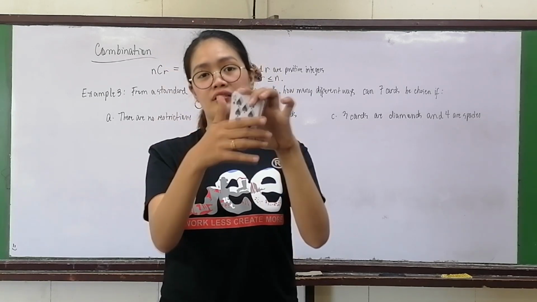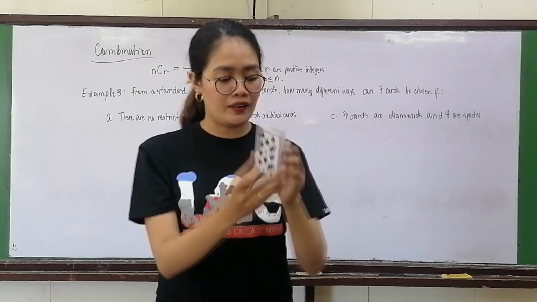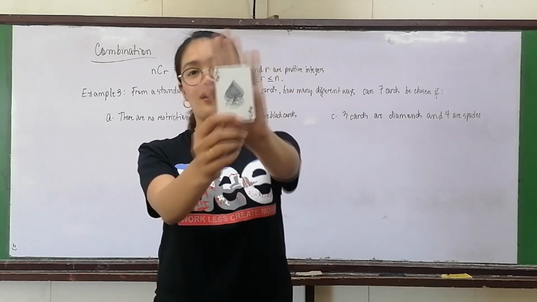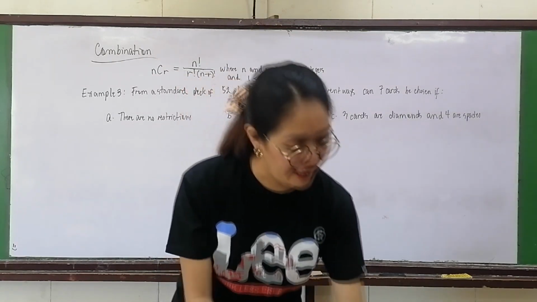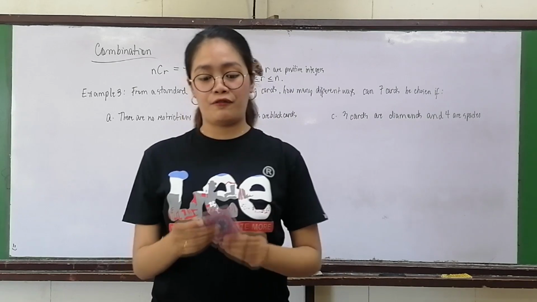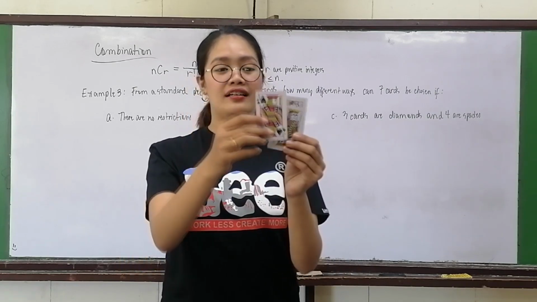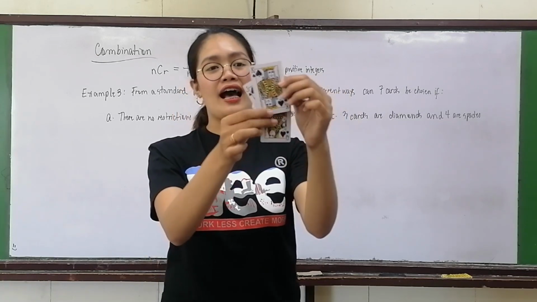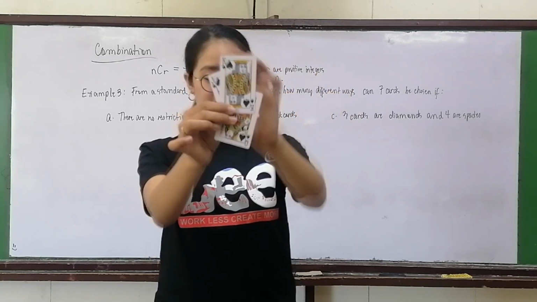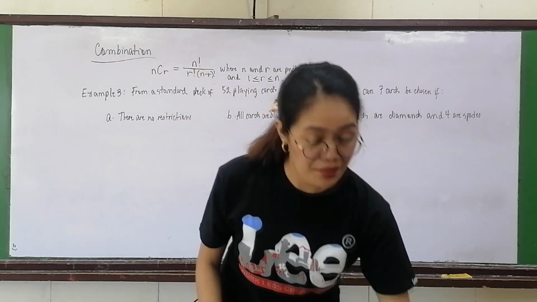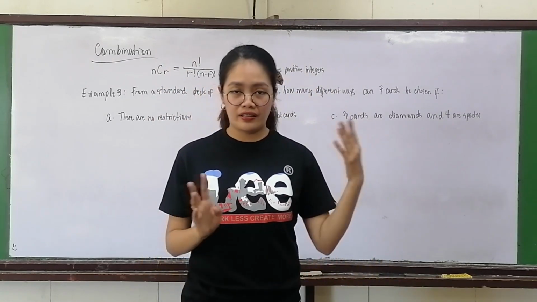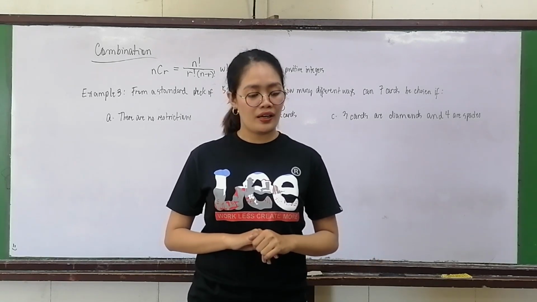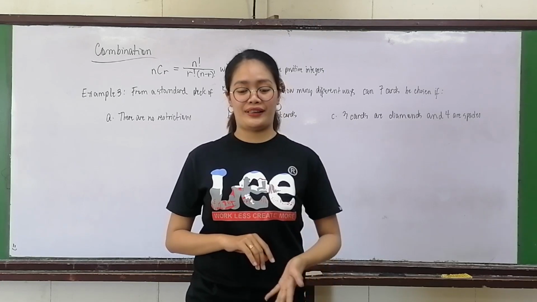Meaning, each suit has 9 numbered cards, and we also have 1 ace, and the 3 remaining cards are face cards: the jack, queen, and king. The remaining suits have the same labels.